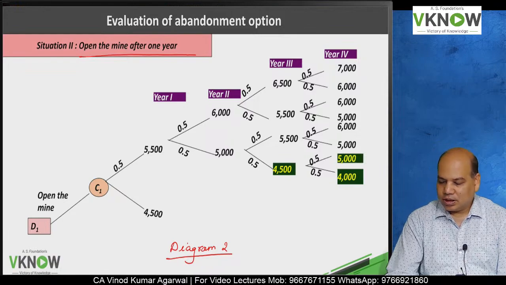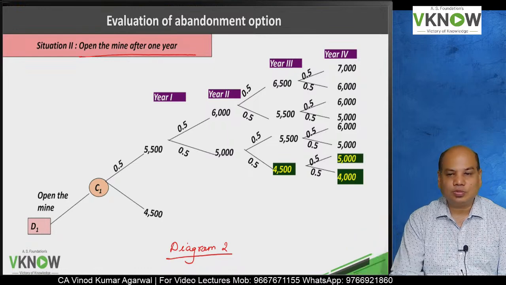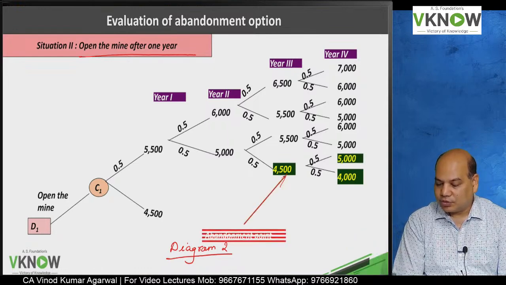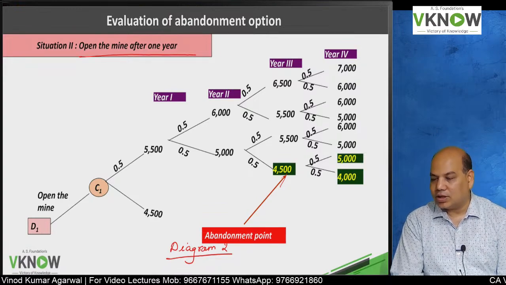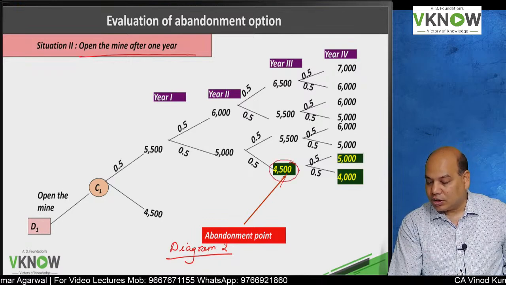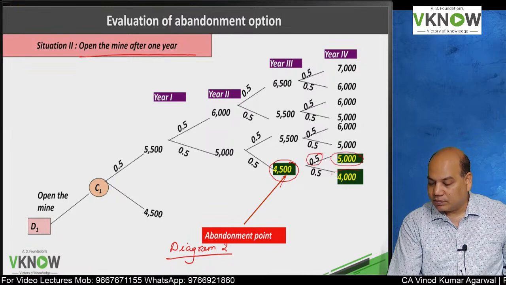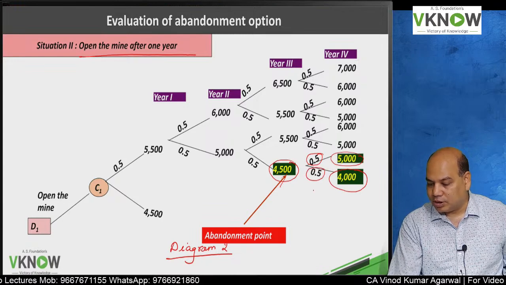That is, if you continue beyond that, there is certainly going to be loss. One student said 4,500. Write down 4,500 is abandonment point. Why? Because if I continue after this, I may get 5,000 with 0.5 probability or 4,000 with 0.5 probability.